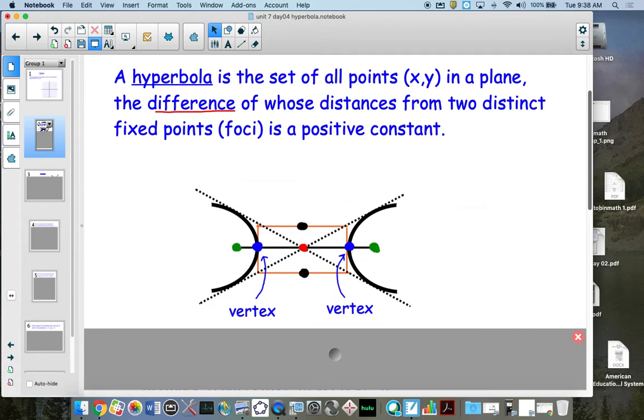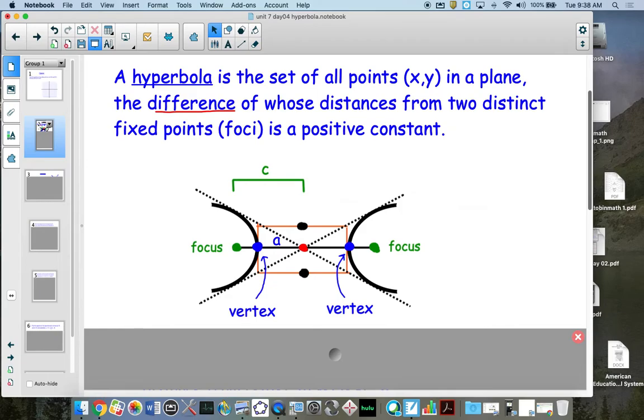The distance from the center to a vertex is A, just like it was before for an ellipse. Now the distance from the center to a focus, and there are foci right there in green, is C.